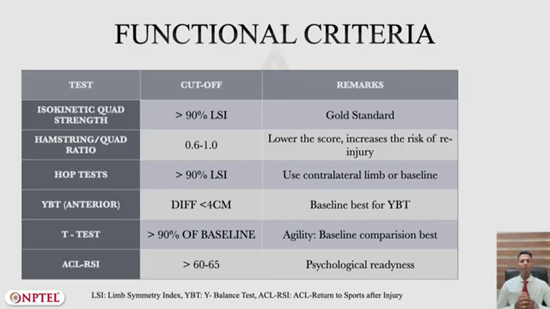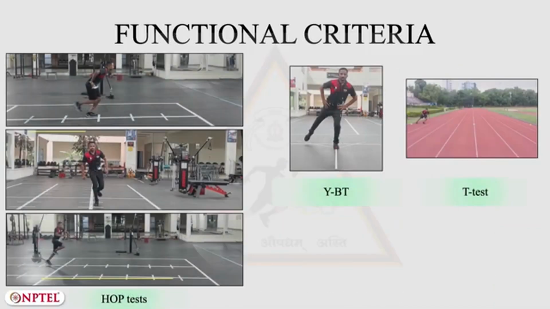And on the ACL return to sports index scale, the psychological readiness measure should exceed 60 to 65 before clearance.